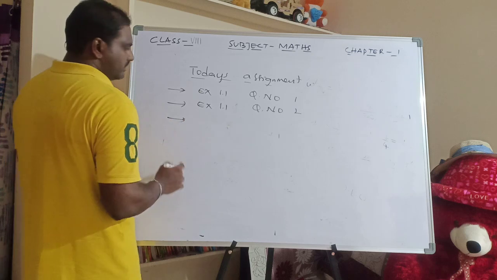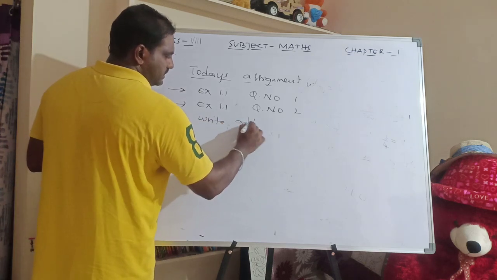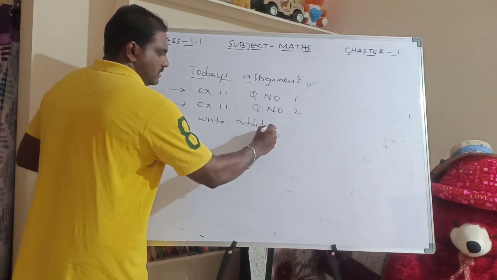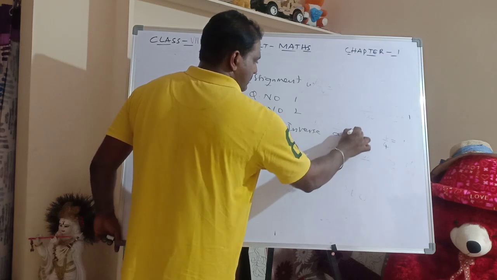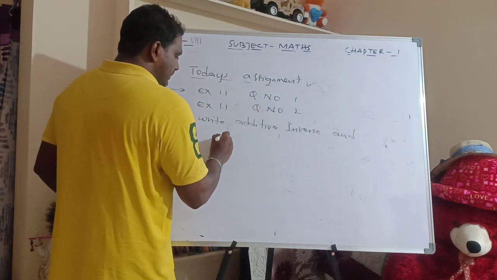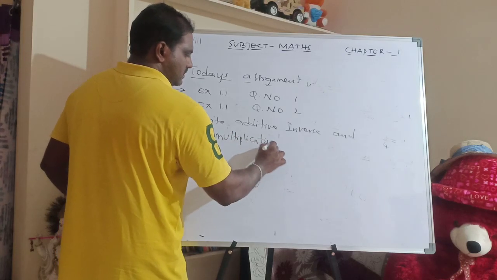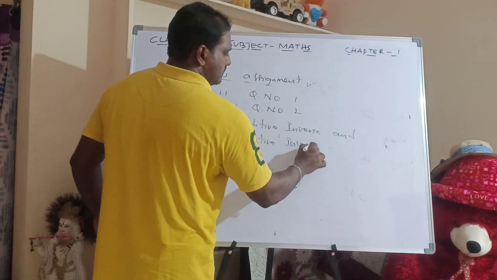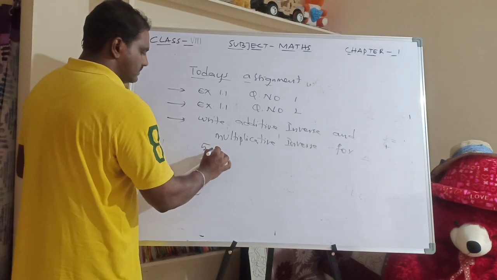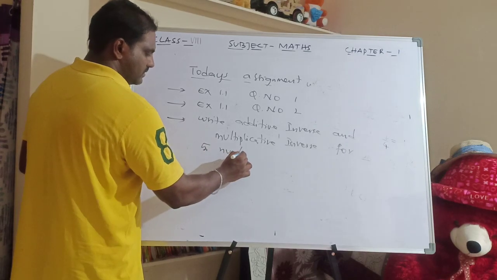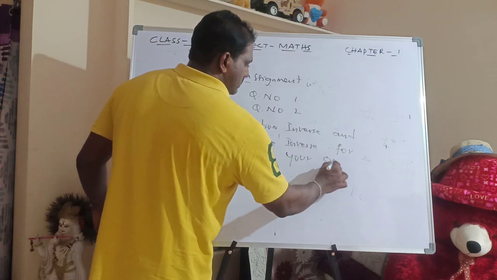And the third one, I am giving my own: write the additive inverse and multiplicative inverse for 5 numbers of your own.